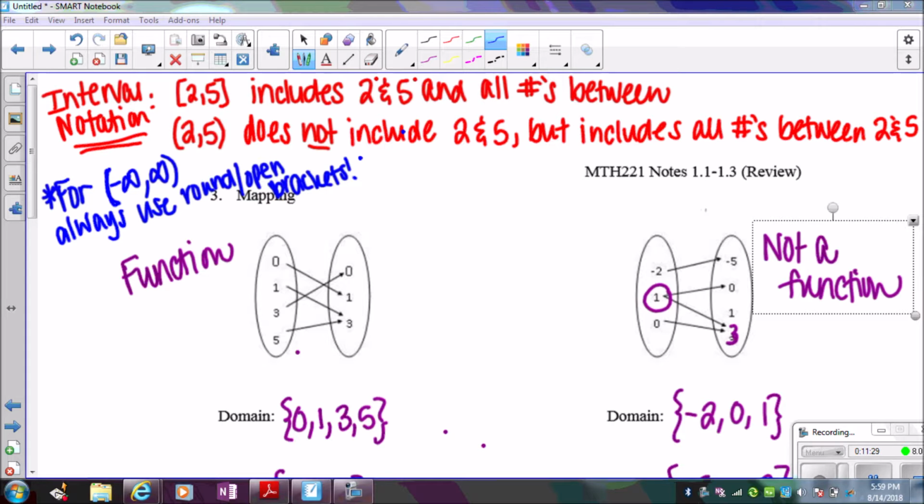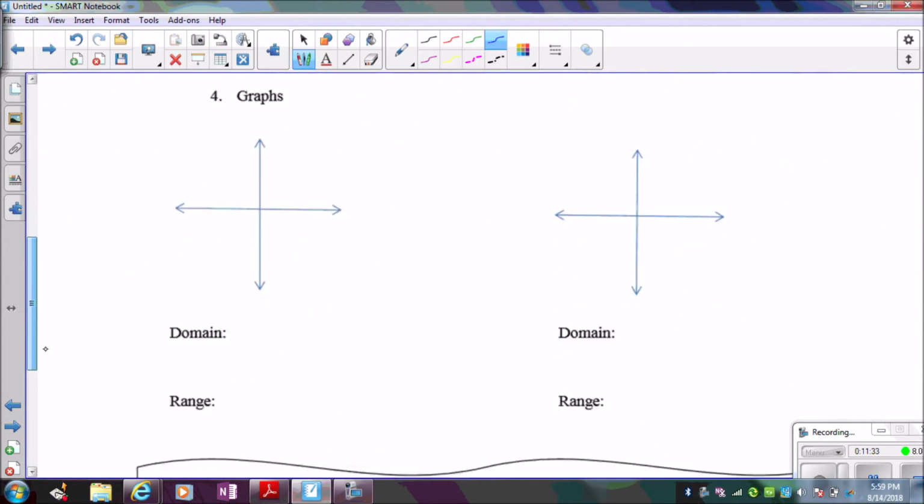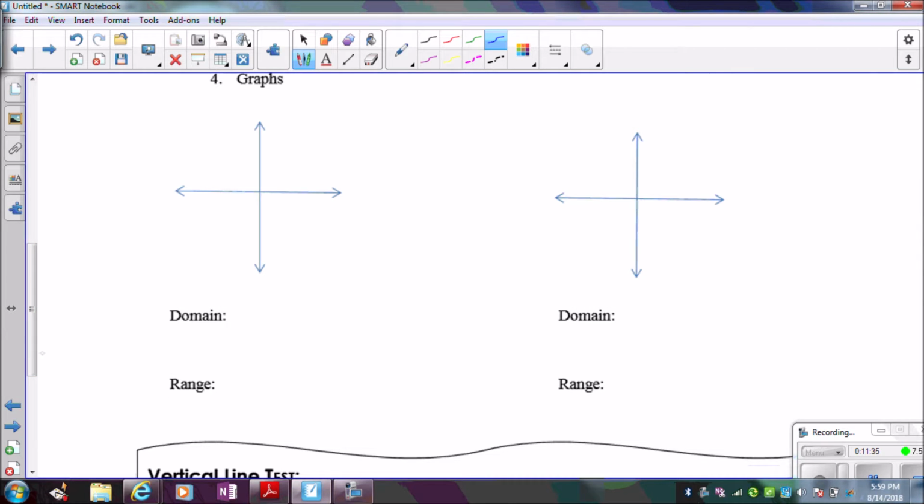So now what we're going to do on the graphs below, we're going to actually have to do a little bit of drawing here. So we're going to take the first one here, and we're going to draw out this function. So I'm going to give you some important points to note. So we're going to have an arrow down here. It's going to go up and back down.